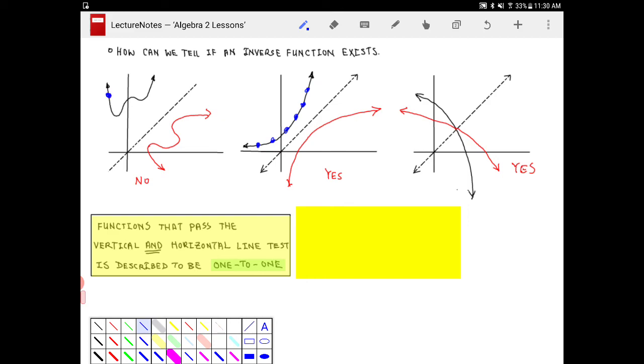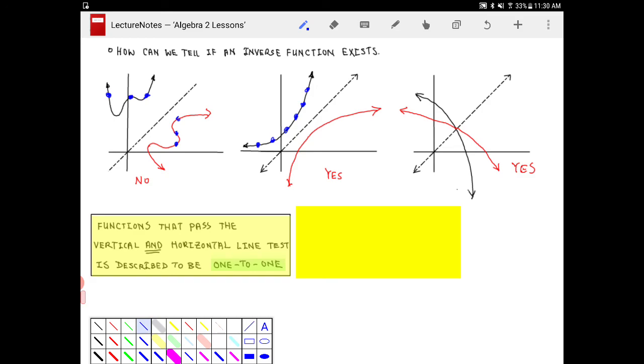Unlike this example over here, where the y coordinate repeated itself several times. It repeated itself 3 times. Just like over here, for that one x coordinate, we're going to have 3 y coordinates.